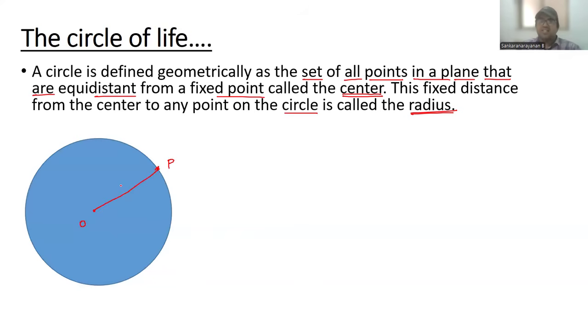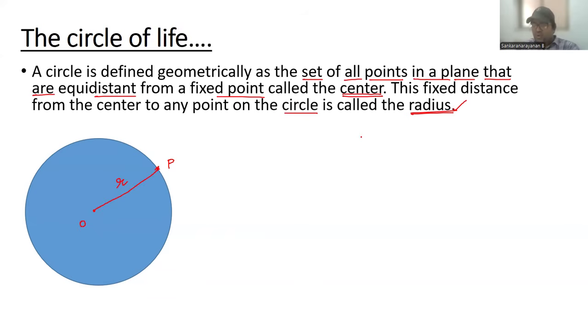The distance from O to P will remain the same as long as I am considering all those points lying along the circumference of the circle. So this distance of the segment OP, I am representing using small letter r, and that distance is what we call the radius of the circle.